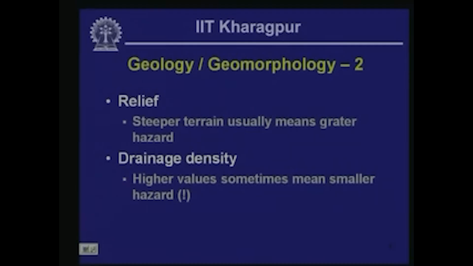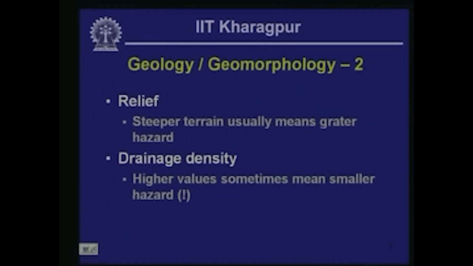So, if you have got more kilometers of drainage channels in a given area per square kilometer, then that particular area, in many cases, is more stable against the occurrence of landslides.